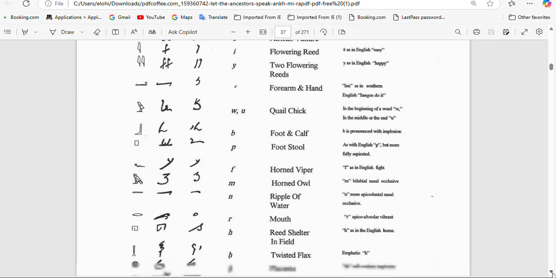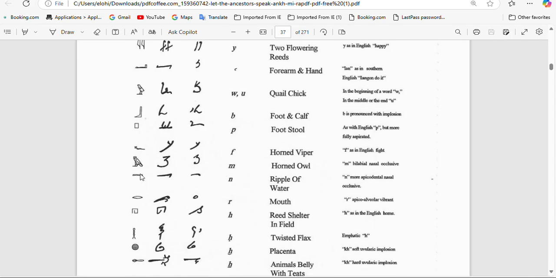Let's go down a little bit more. It's a ripple of water, and it's an N. You see here it's a ripple of water. N is more epiglottal nasal occlusion. N. This is a mouth, and it's pronounced R here, in the other two scripts.